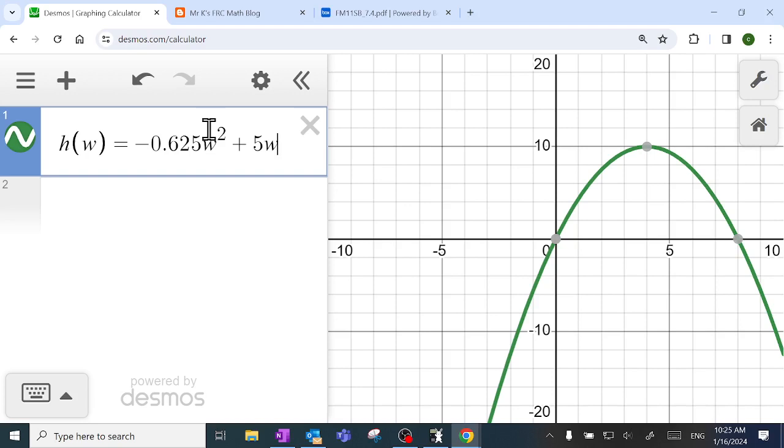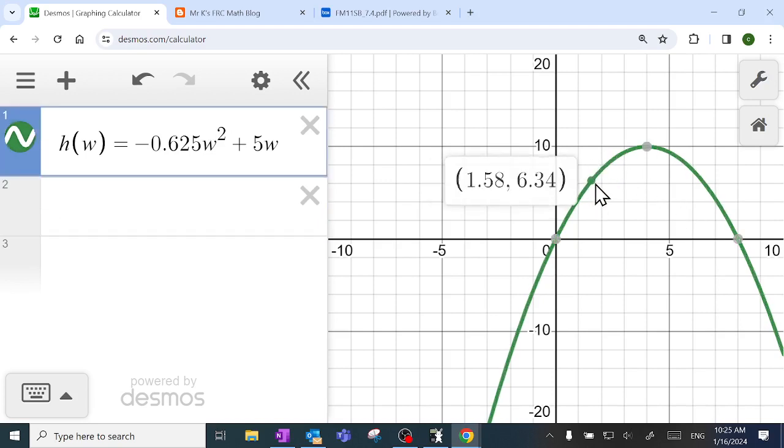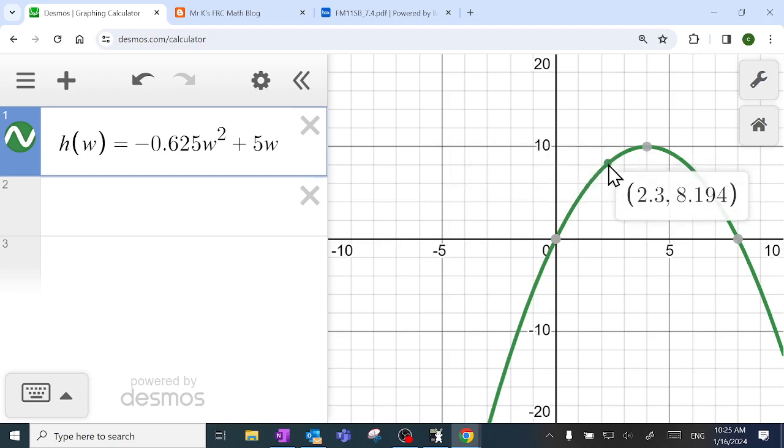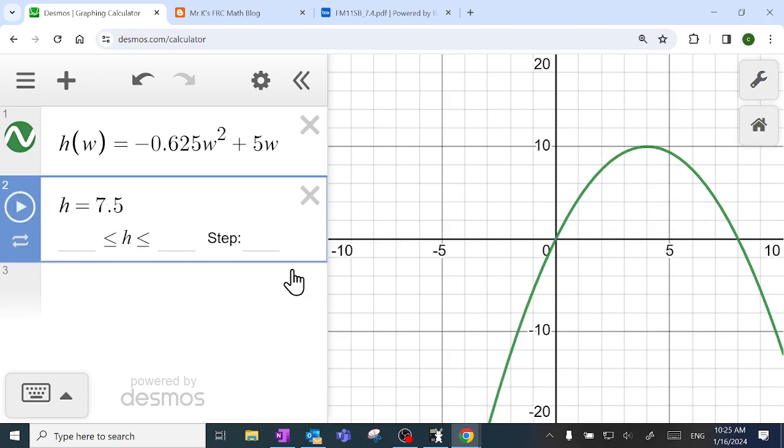You might be asking yourself, okay, well, how would I figure this out? Well, I need to know where the height is 7.5. Now, you can try to just move your cursor until you get to 7.5 for a height, which is kind of hard. The easier way to do it is to just make a line where the height equals 7.5.